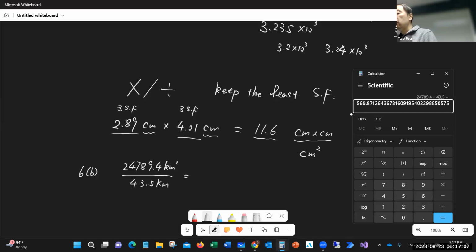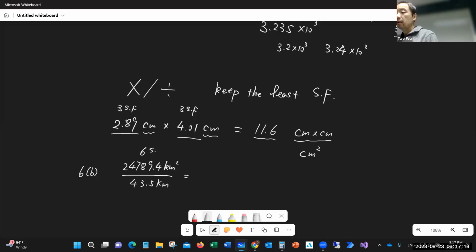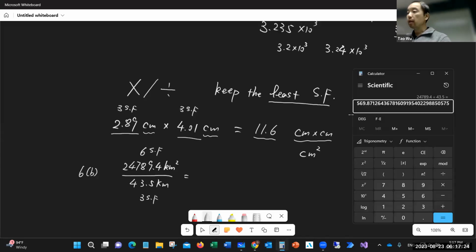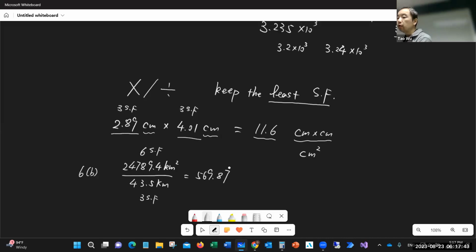Now this one has 6 sig figs on the top and 3 sig figs on the bottom. So we're going to keep the least number of sig figs, which is 3. If you keep 3 sig figs, it's only the first 3. 569.87. Let's just leave this, and then we're going to cut this into 3.